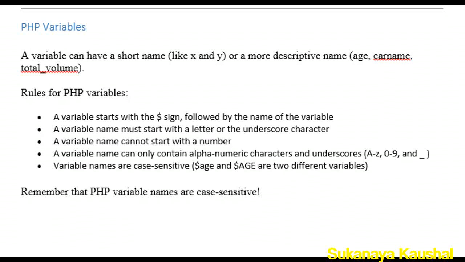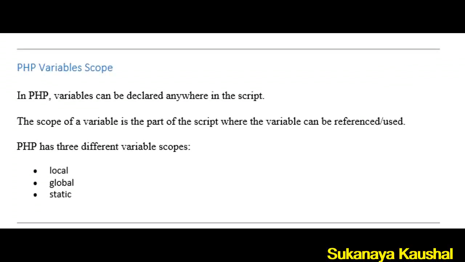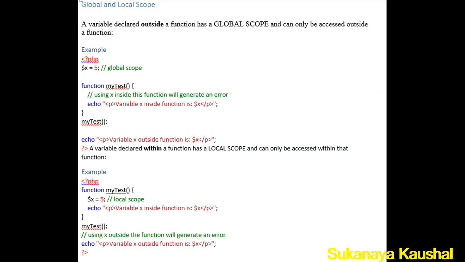Okay, next we have PHP variable scopes. The scope of a variable is the part of a script where the variable can be referenced or used. It has various types: local, global and static.